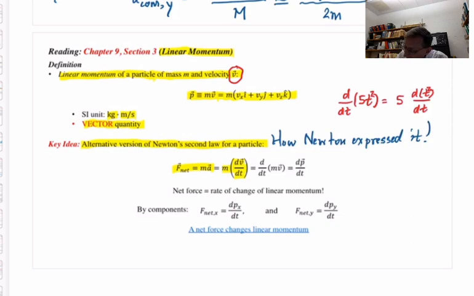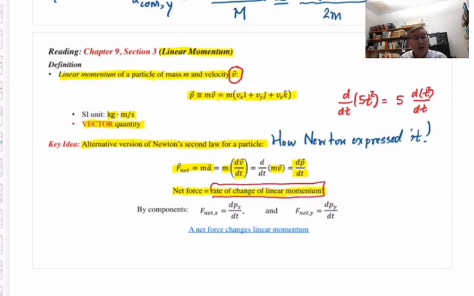And now what you're taking the time derivative of is the combination m times v. But that's our definition of our new quantity, linear momentum, p arrow. So F net actually must equal dp dt. Or to say it in words, the net force on a particle equals the rate of change of the particle's linear momentum.